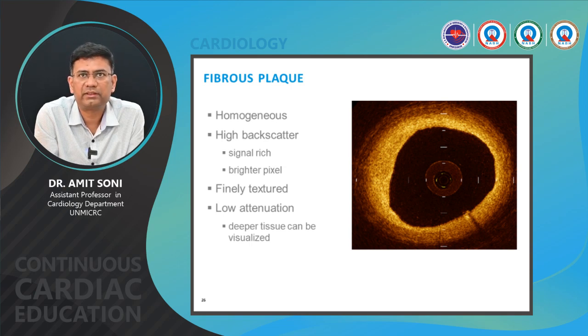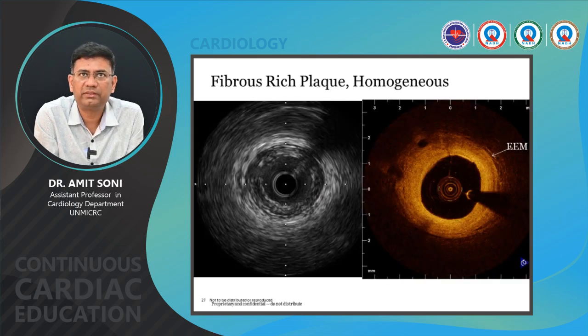This is classical of fibrous plaque. Fibrous-rich plaque in IVUS and OCT: we can see the fibrous-rich plaque is homogeneous in the OCT picture. The external elastic membrane is visible because of the low attenuation, and the brightness inside the EEM is characteristic of fibrous-rich plaque.